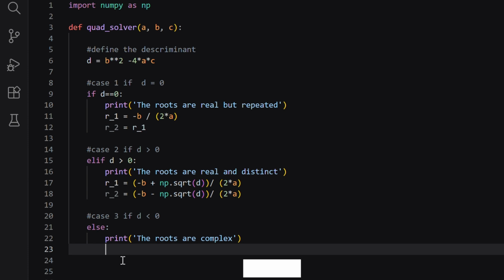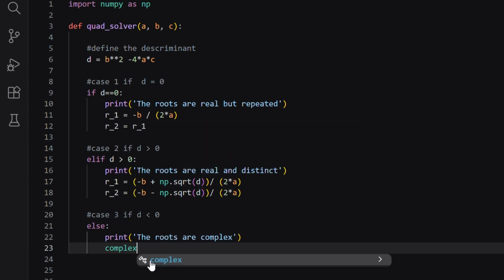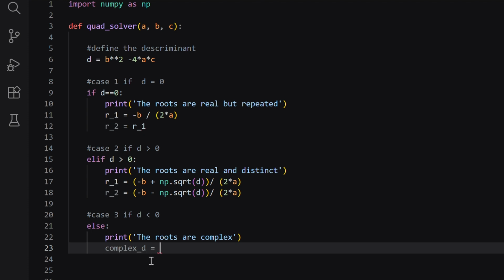So since the discriminant is negative, you have to tell Python that the number under the square root sign is going to be negative. So we are going to define the variable called complex d. Then we set this to be equal to the square root of complex d. So what this code does is that it's going to tell Python that it should compute the square roots within the complex number system.